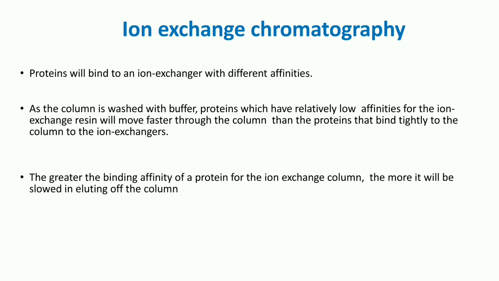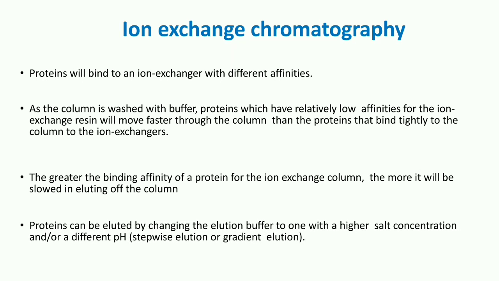The greater the binding affinity of the protein for the ion exchanger column, the more it will be slowed in the eluting of the column. So proteins can be eluted by changing the elution buffer to one containing a higher salt concentration or one having a different pH.